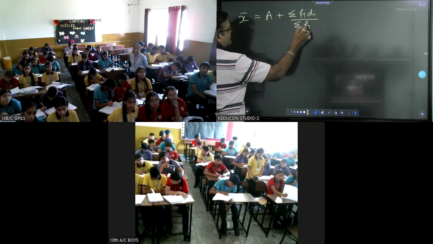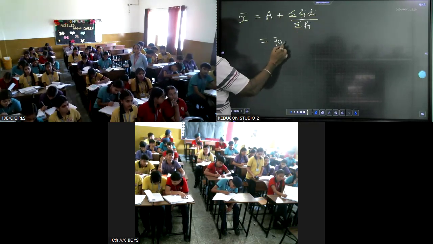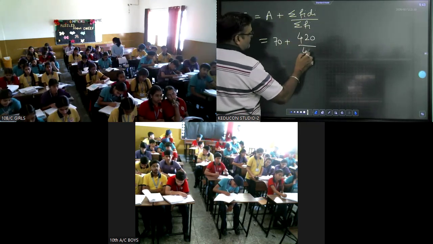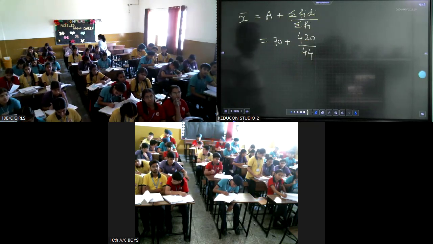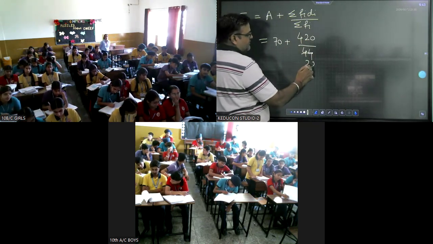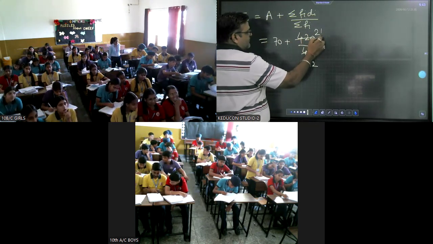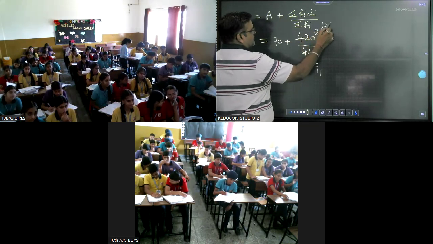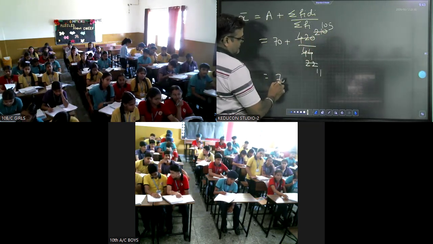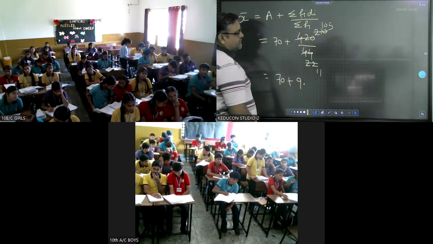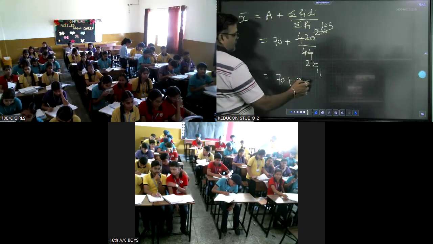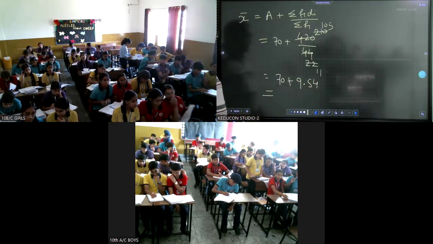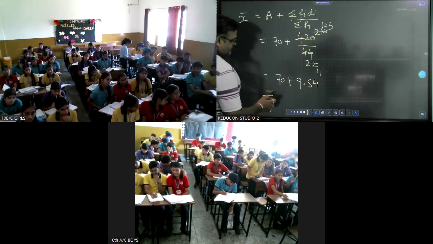And the value of a is 70, plus 420 over 44. Yes, after calculation, how much did it come to? 70 plus 9.54. After calculating, it comes to 79.54.